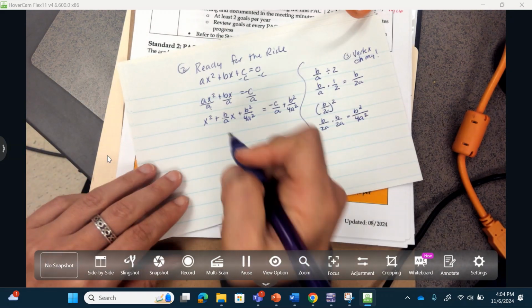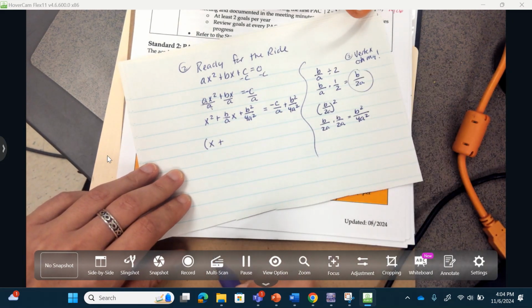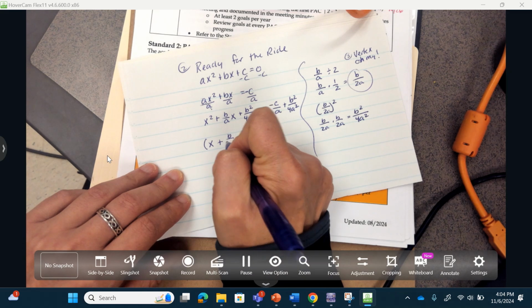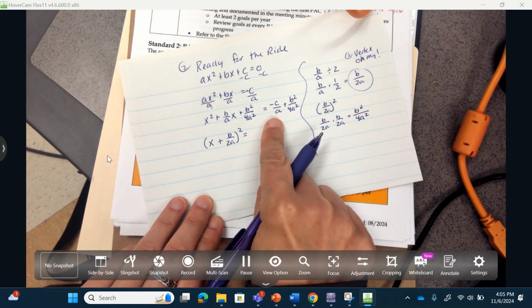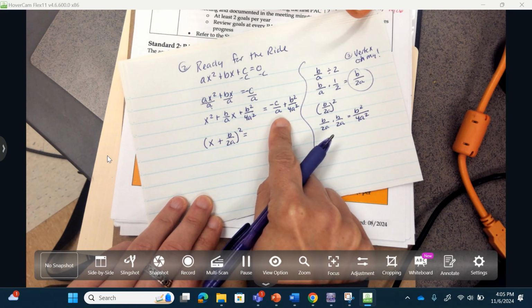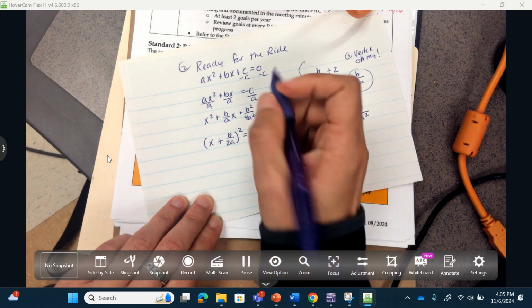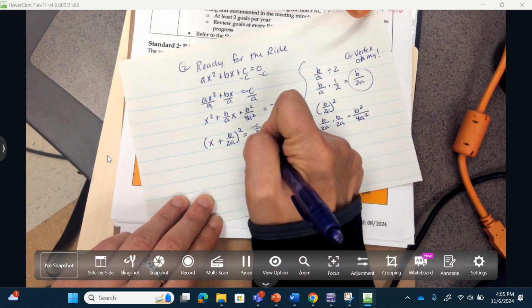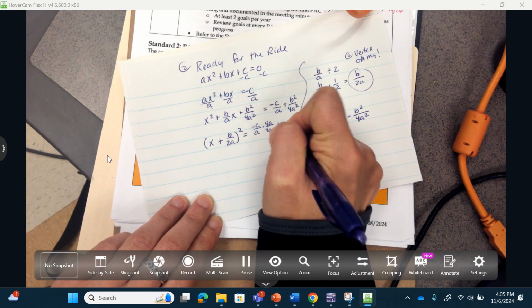So on this one, it would be x plus our little number that we saved, b over 2a, squared. On the right hand side, if I want to add those fractions, I need a common denominator. I already have a common factor of a, but this one also has a 4 and another a. So I'm going to do negative c over a times 4a over 4a.